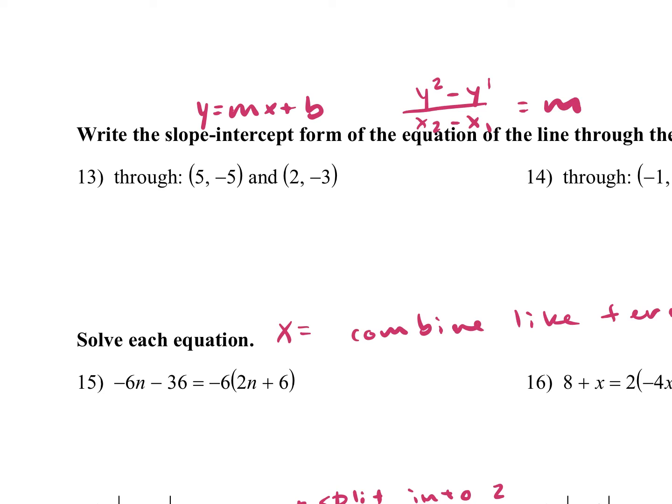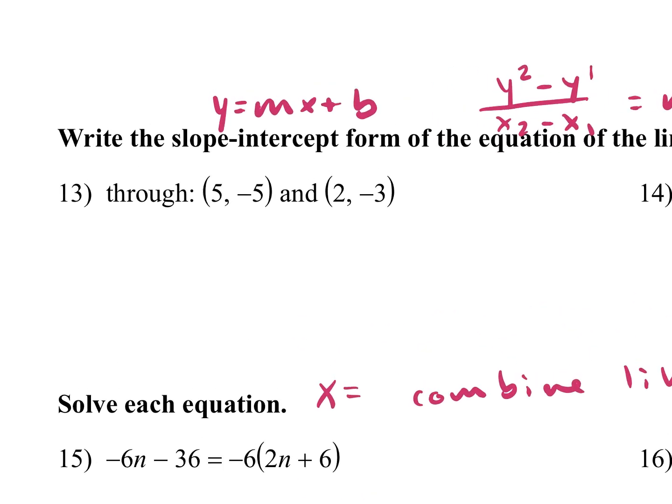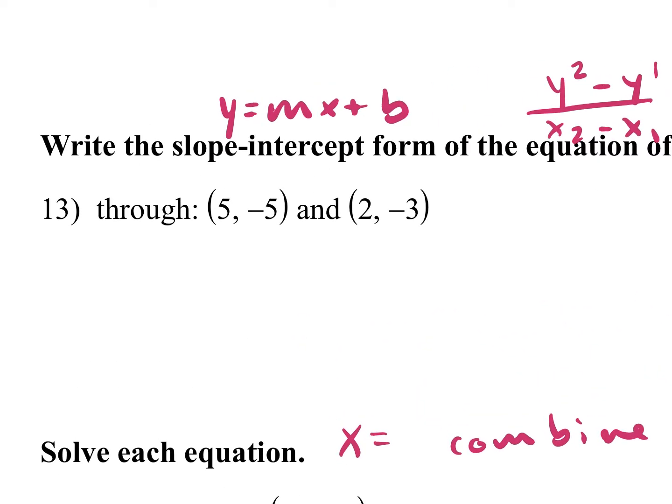So for 13, I have to write the slope-intercept form of the equation of the line through the given points. So slope-intercept form we said was y equals mx plus b. First thing I need to do is find the slope. So I have x1, y1, x2, y2. So I'm going to plug that into my slope equation here, which is y2 minus y1 over x2 minus x1.